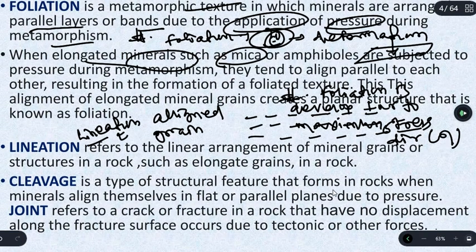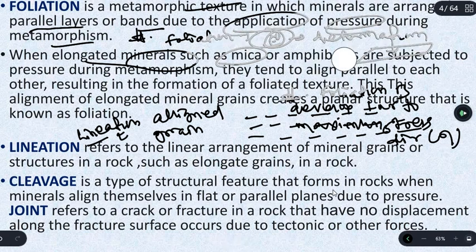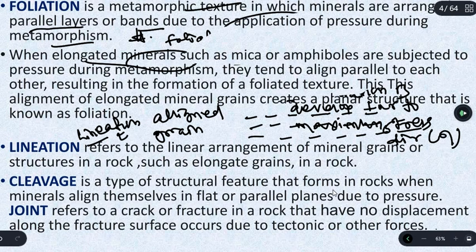Okay, now move on. Suppose, ठीक है? So अभी discuss किए हैं, foliation will always develop perpendicular to the maximum stress axis. Okay, so it is the application of pressure during metamorphism. ठीक है, so रूबी ने जो बताया, that is the answer written here.